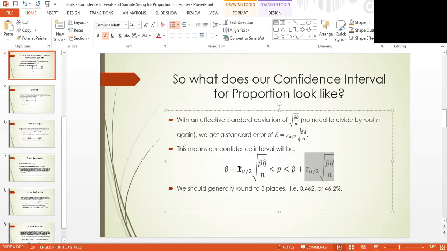That's going to be z sub alpha over 2 times the square root of p hat q hat over n. So what we want to do is figure out what the sample size should be. So once again, we're going to try and isolate n. Let's take a look at how that happens.